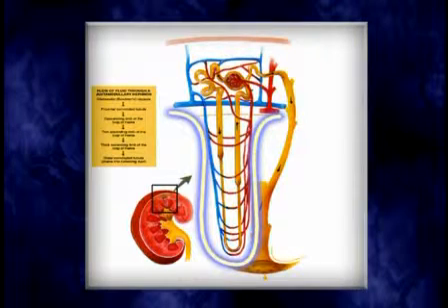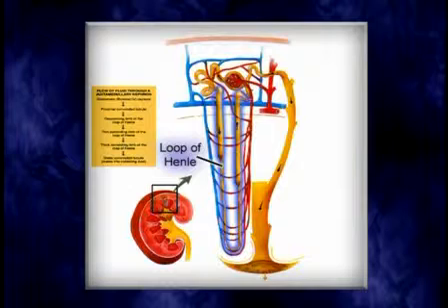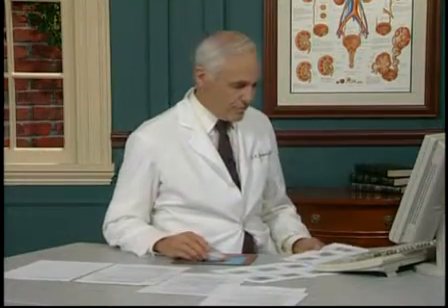They have a much longer descending and ascending loop of Henle. And the reason is these will provide further absorptive areas to do the fine tuning. It's going to give the nephron just that much more time to go down and to come back and to do the collecting that it needs to do.